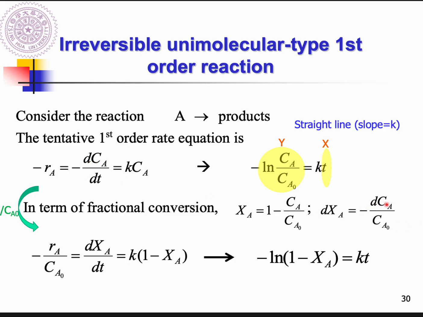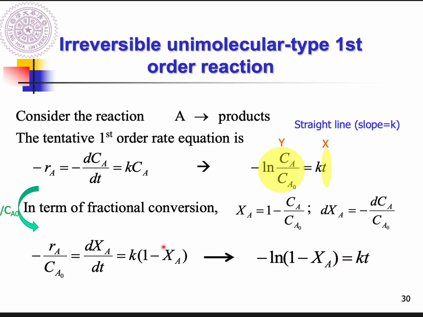Minus dCA over CA0 gives you dXA divided by dt. And for kCA divided by CA0, you can leave k here, and CA divided by CA0 gives you 1 minus XA. So now you can focus on these equations.